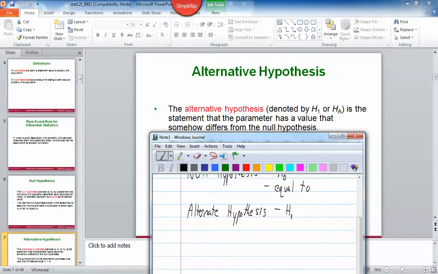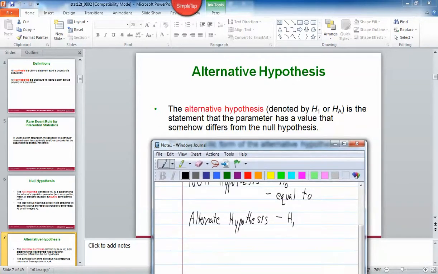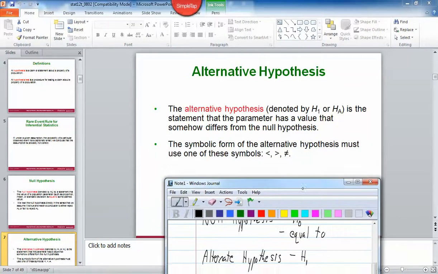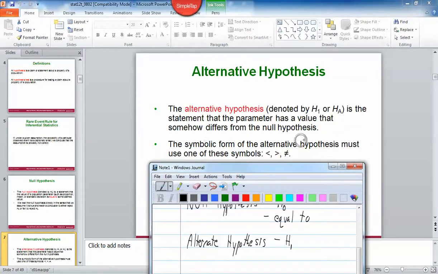So if you see an older study, you may see an H sub A, but more than likely you're just going to see H sub 1. And that's going to be the statement that the parameter has a value that somehow differs from the null hypothesis. The symbolic form of the alternate hypothesis must use one of these symbols: less than, greater than, or not equal to.